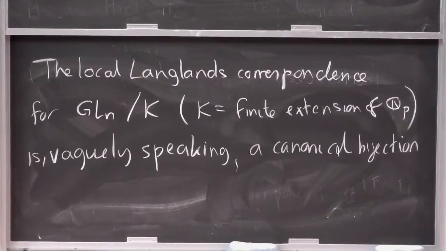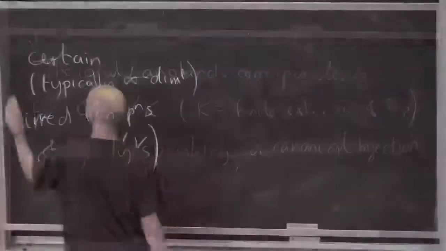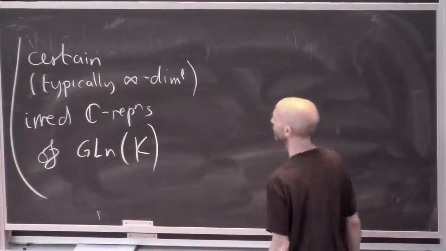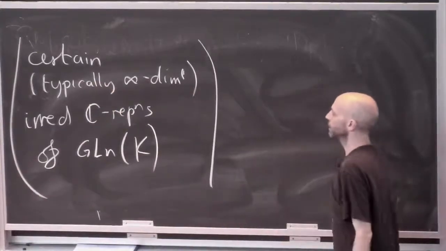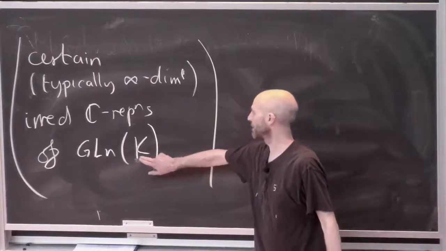On one side, certain, typically infinite dimensional, irreducible complex representations of GLN of K. Maybe you know something about representation theory of groups.